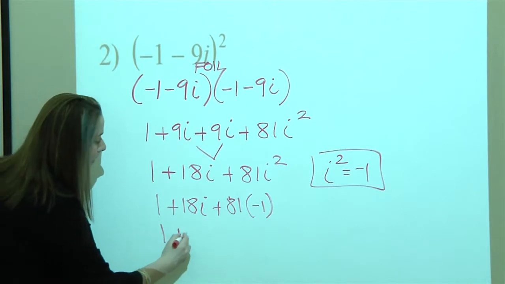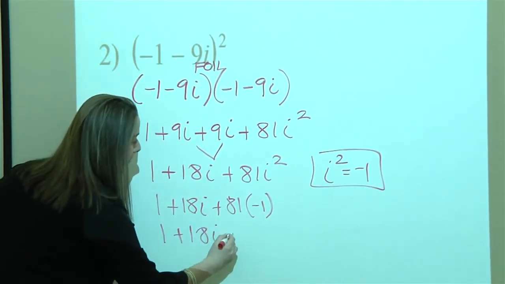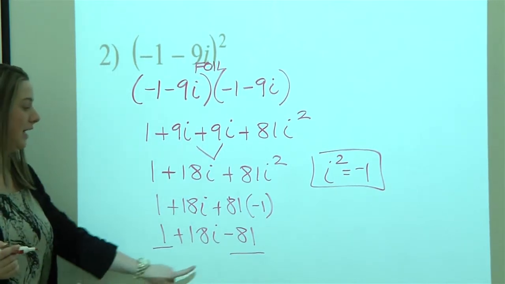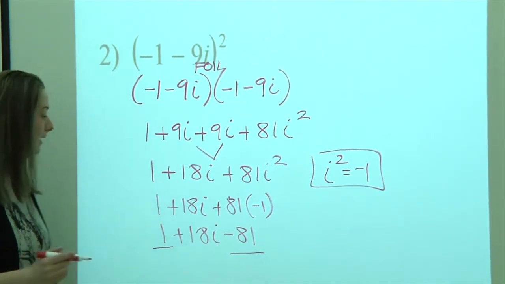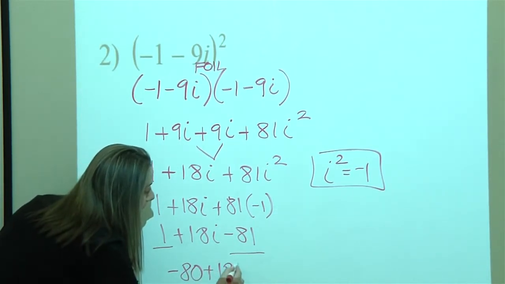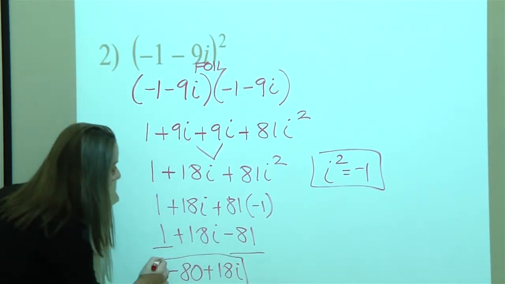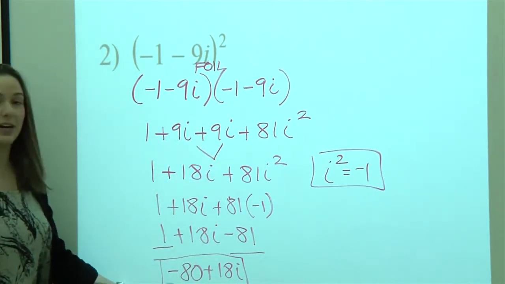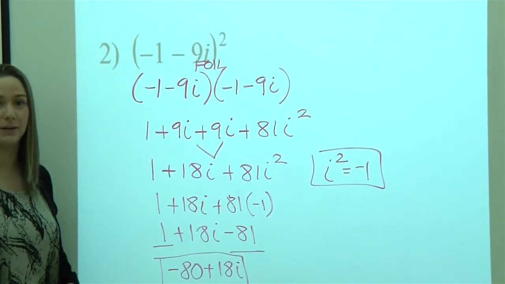So we get 1 plus 18i minus 81. And now we can combine our 1 and our -81. 1 minus 81 is going to give us -80 plus 18i. Again, notice we go from two complex numbers to our result. Our answer is another complex number.